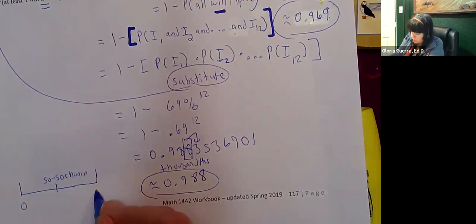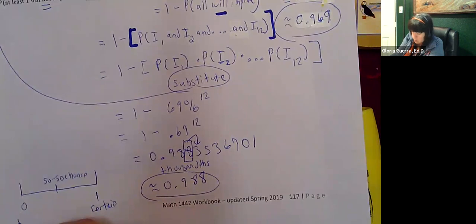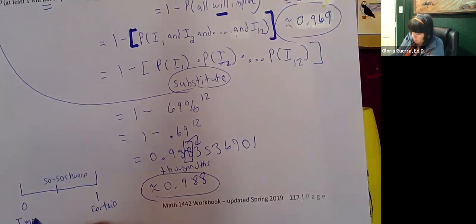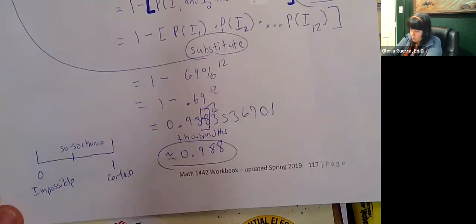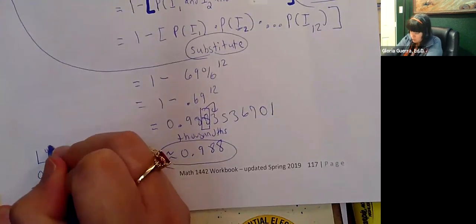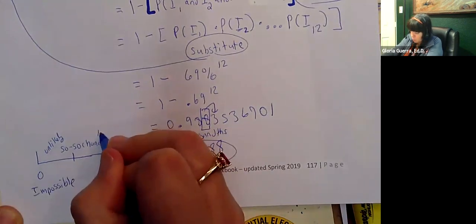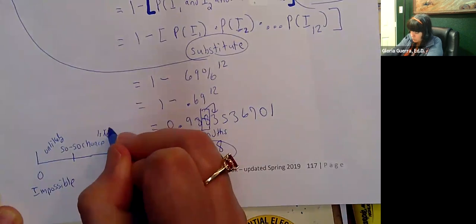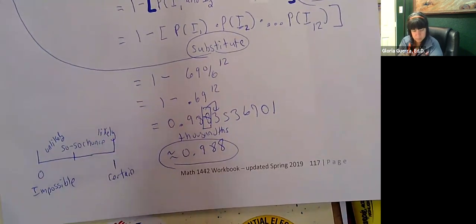This is 1, which is certain to occur. This is impossible to occur. Over here, it's unlikely. Over here, it's likely. And so this would be a highly likely 0.988.